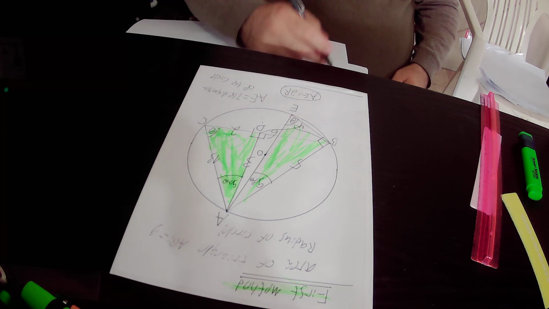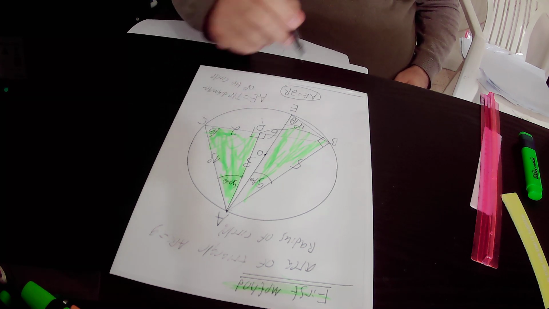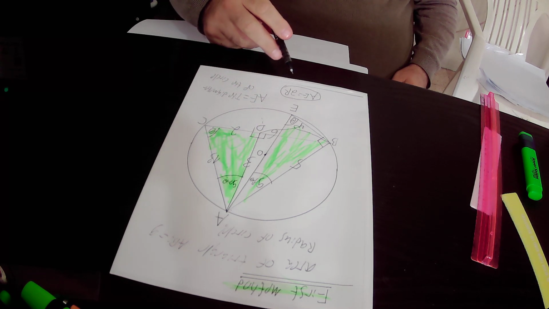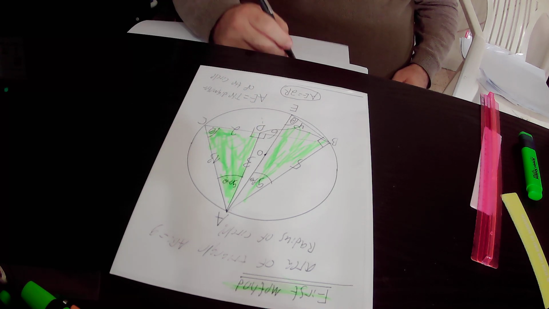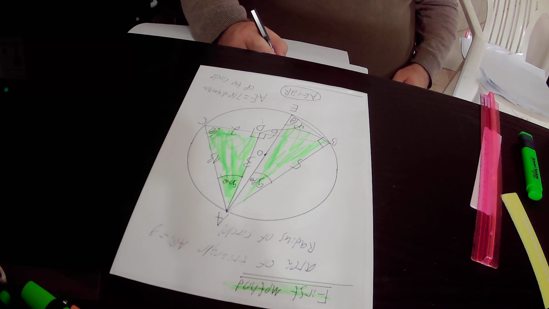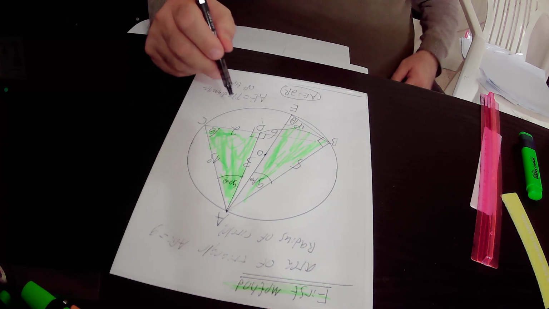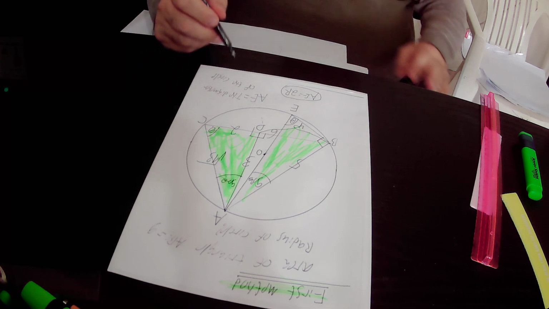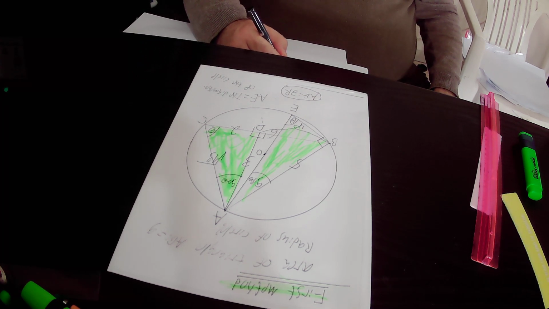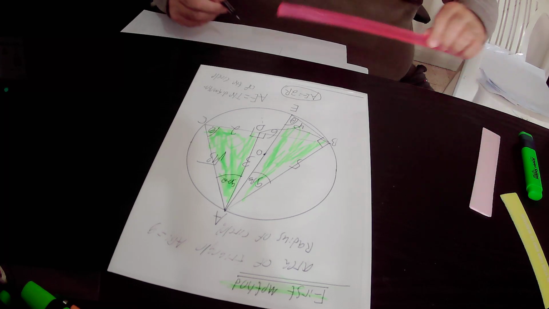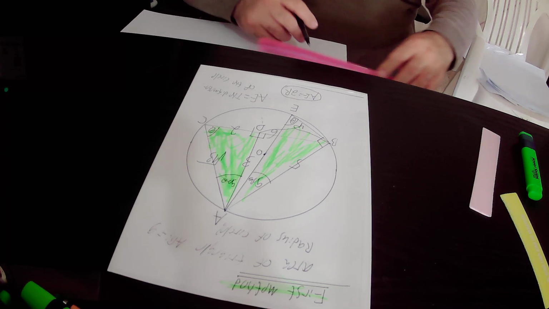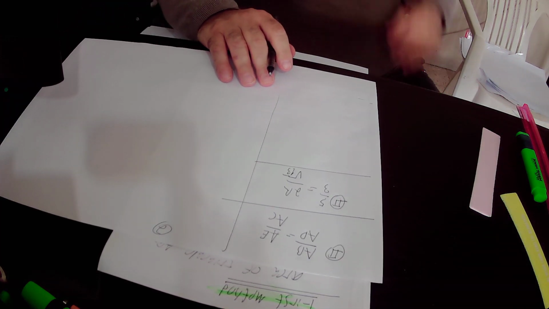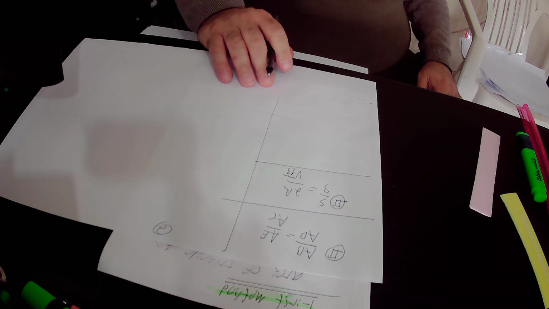AB equals 5 units, AD equals 3 units, AE is the diameter of this circle that is equal to 2 times capital R, and we already found out that AC equals the square root of 13 units. So in conclusion, according to equation number 2, 5 over 3 equals 2R times square root of 13 units.